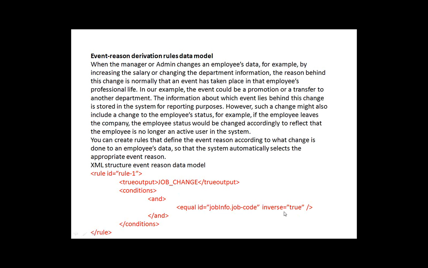Inverse true means that when your job code is different, if the user changes the job code, that's when this expression has to be true. That's when you write inverse equals true. It means when there is a change in the data.